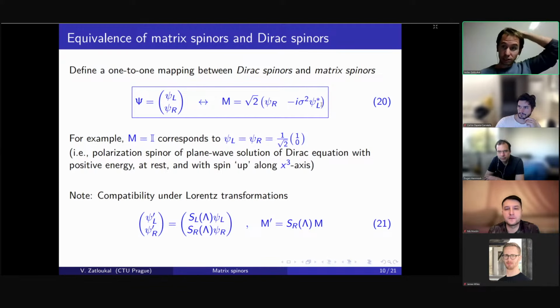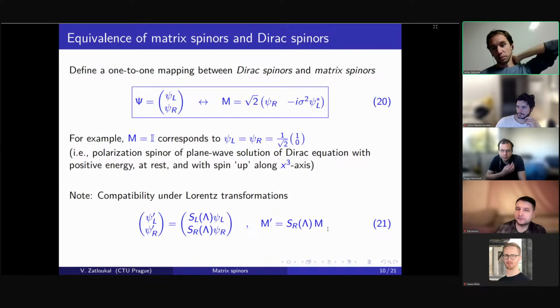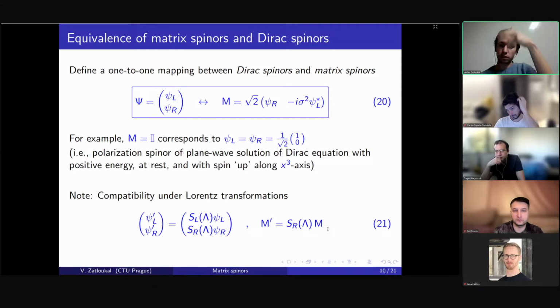This is because psi L transforms, looking at 21, in the left-handed representation, psi r in the right-handed representation, and the matrix you want to end up with, you multiply it from the left with, say, the right-handed representation. So both columns of this matrix will transform into the same representation.